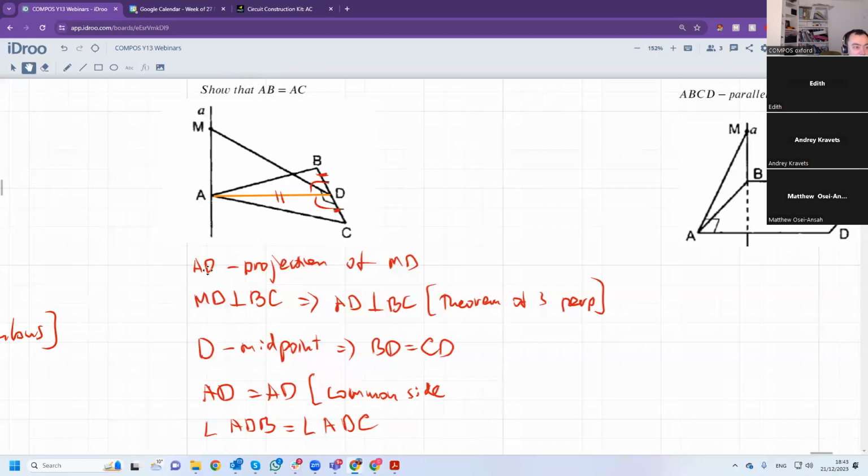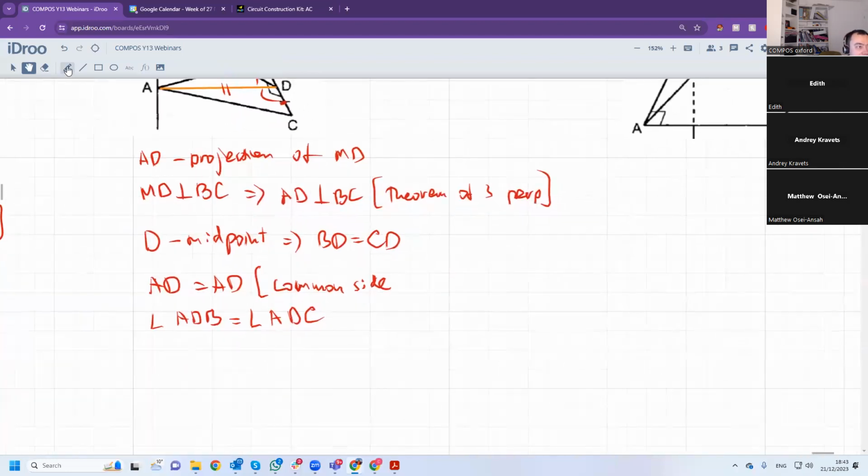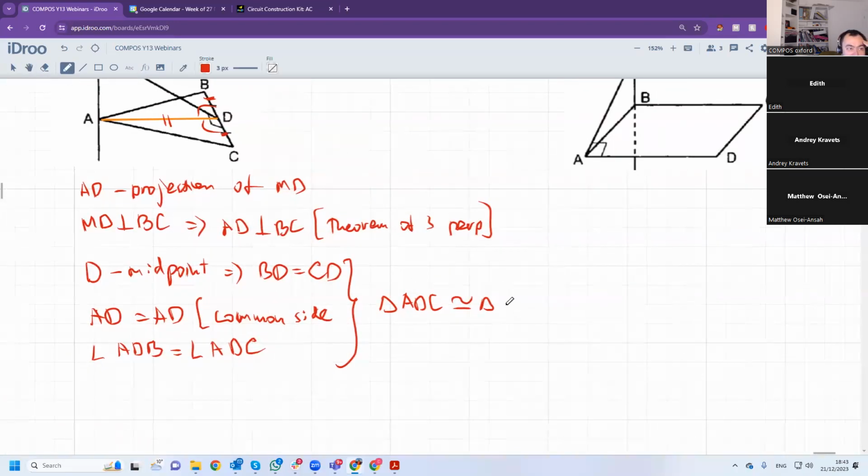And therefore, triangle ADC is congruent to triangle ADB, because it is side-angle-side congruency, and therefore AC is equal to AB.